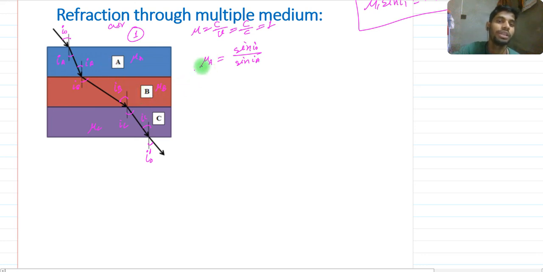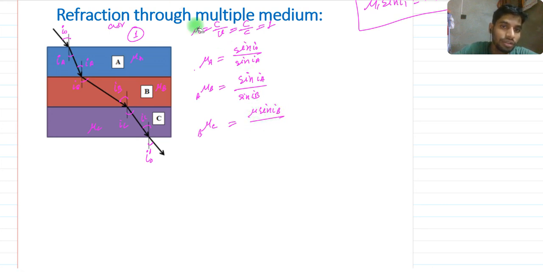For the A and B media, you write μBA equals sin iA by sin iB. For the B and C media, μCB equals sin iB by sin iC, like this.